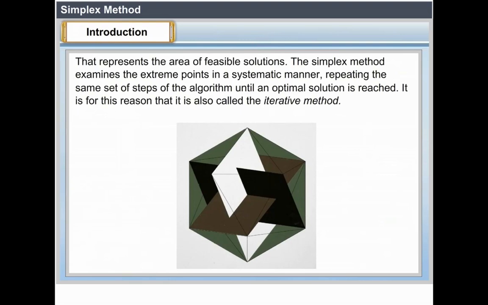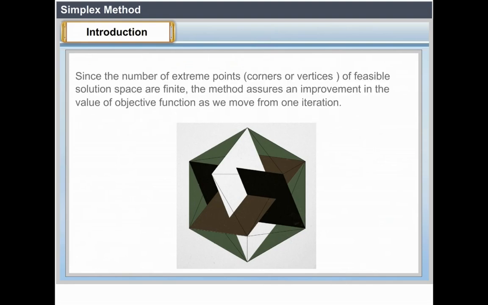of feasible solutions. The simplex method examines the extreme points in a systematic manner, repeating the same set of steps of the algorithm until an optimal solution is reached. It is for this reason it is also called the iterative method.